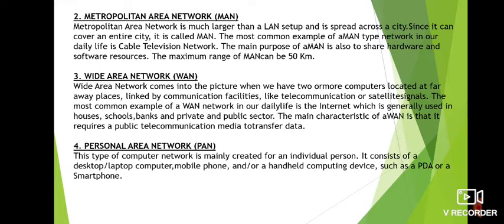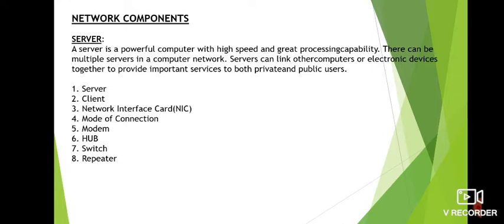The next point that we are going to discuss is network components. So the first component of a network is the server. Dear students, a server is a powerful computer which provides services to its connected clients. There can be multiple servers in a computer network.